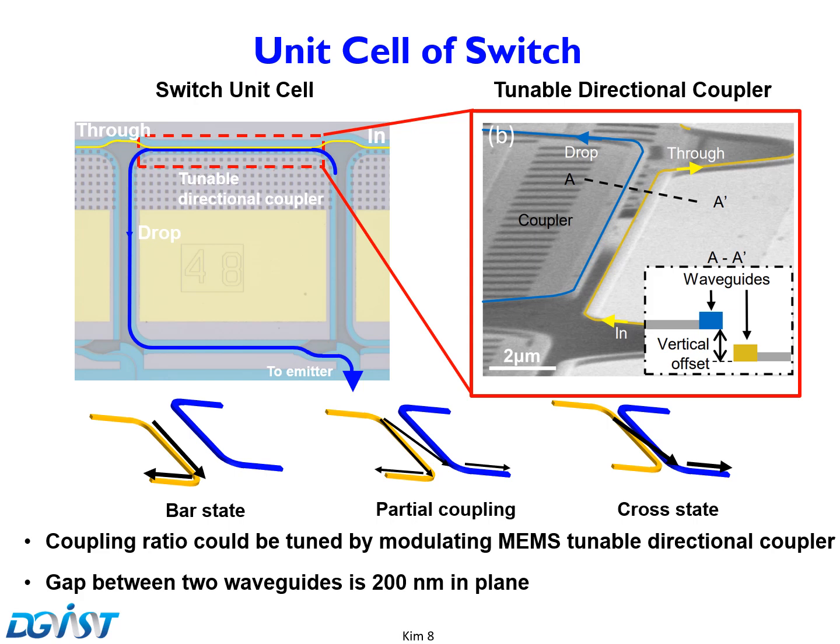One of the waveguides is attached to the MEMS actuator. The vertical location of the attached waveguide is controlled by the actuator. By changing the vertical displacement of the waveguide, we can control the coupling ratio of the directional coupler.